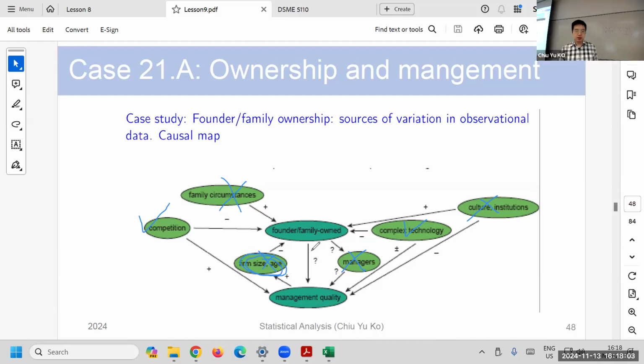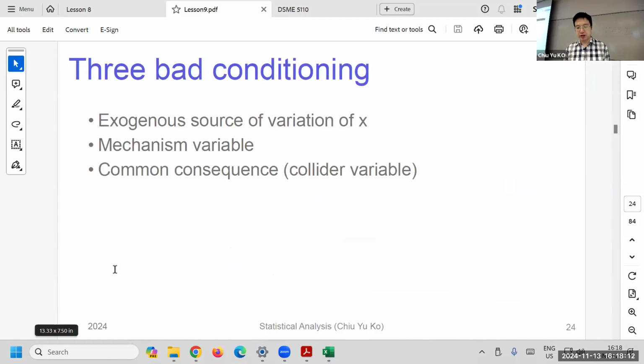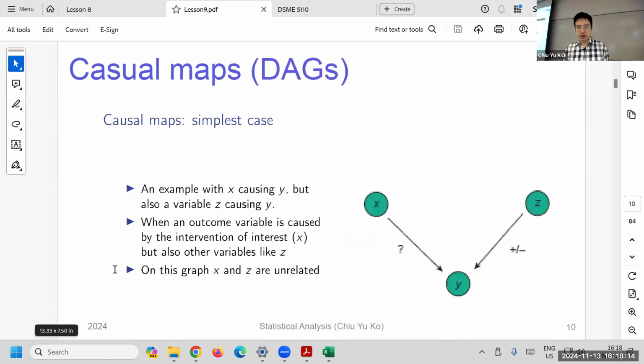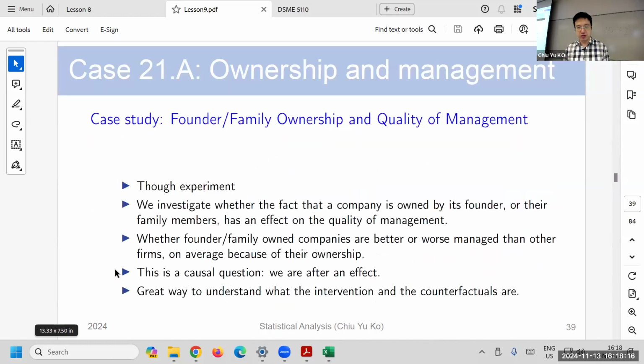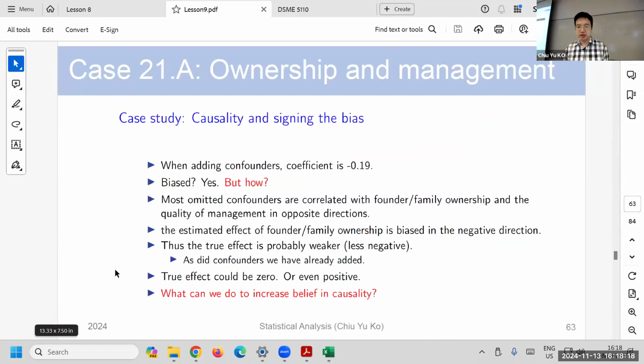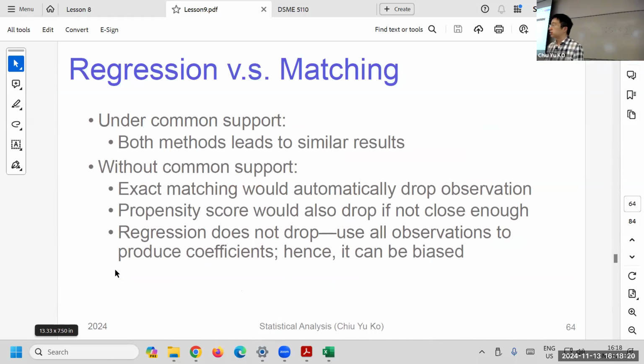Okay, I hope this gives you a good idea what's going on. Although we don't have time to cover everything in detail, I can reassure you that if you go to a PhD program, you spend 2 semesters on this, on how to do IV, how to do RD, how to do the causal map, how to estimate.